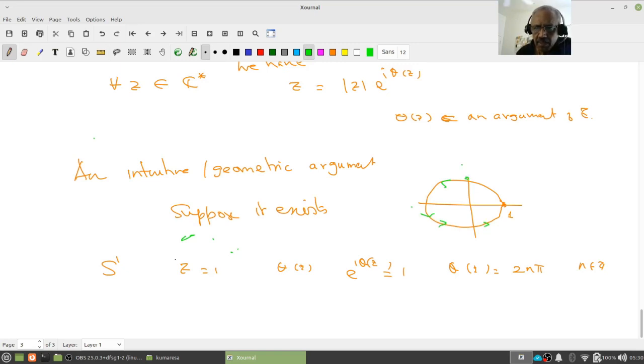This point may be 2n pi plus pi by 2, this point will be 2n pi plus pi, and so on. So if it's continuous, then when I go around and reach back here, all of a sudden my theta of 1 has changed. Let us look at the sequence Zn which converges to 1, from the fourth quadrant.